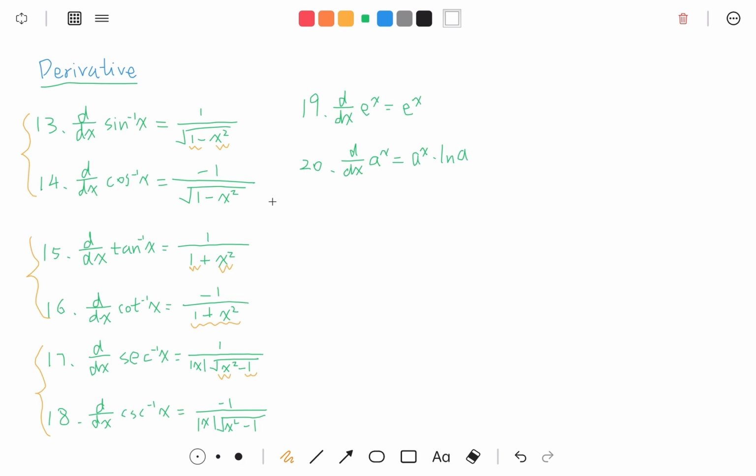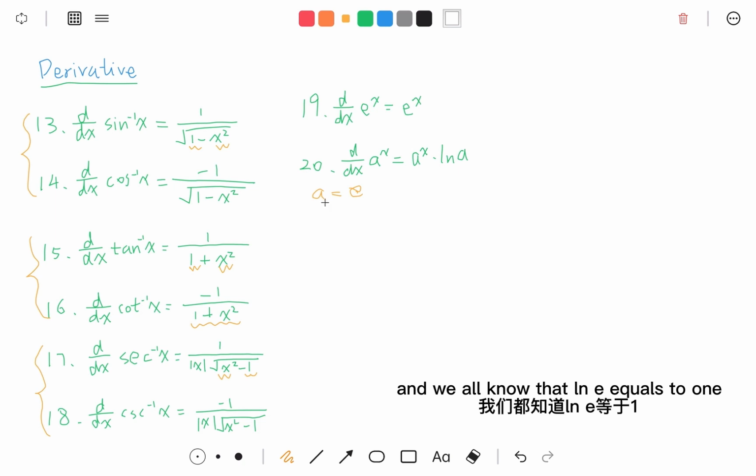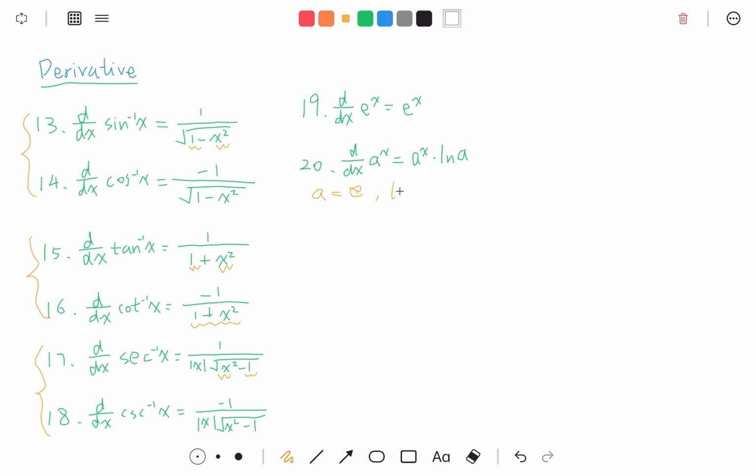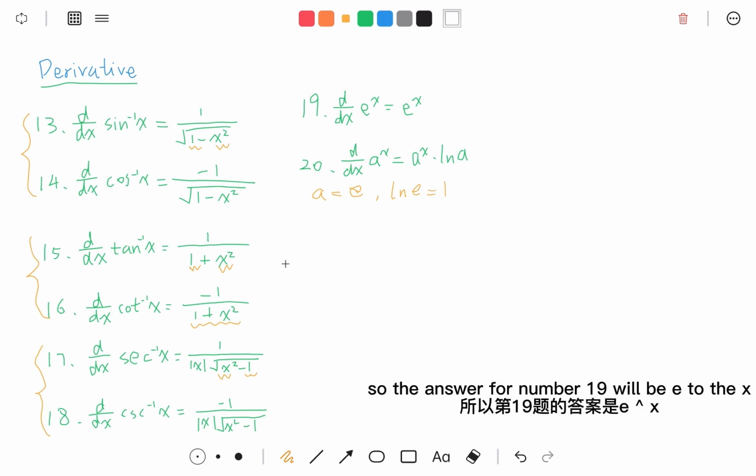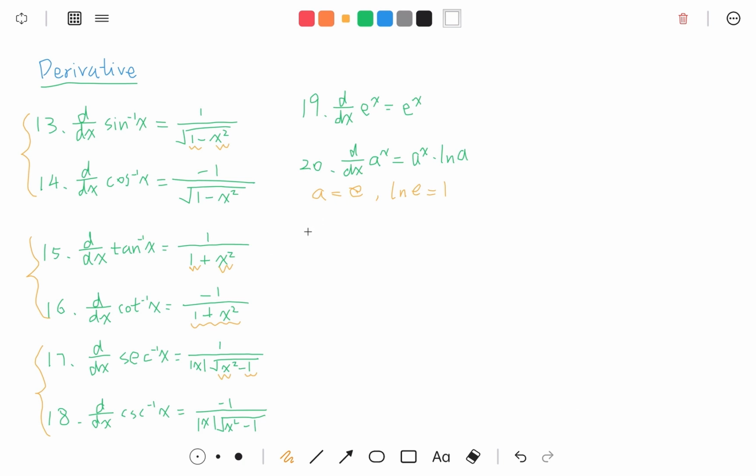In number 19, a is equal to e. And we all know that ln e equals 1. So the answer for number 19 will be e to the x times 1, which in the end is equal to e to the x.